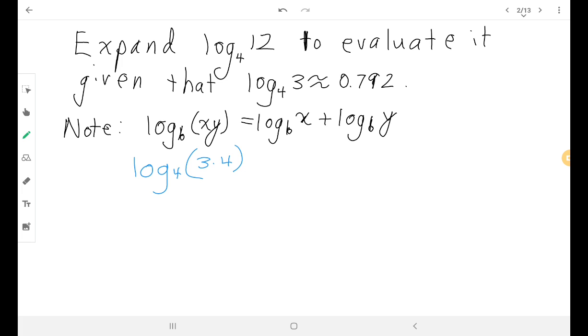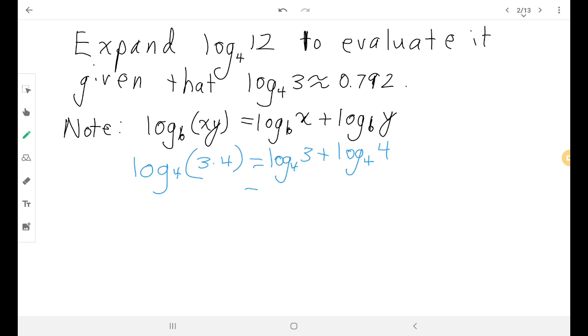And it's going to turn out that this is going to give us everything we need. I'm just going to follow the identity right above it. That means that log base 4 of 3 plus log base 4 of 4 is the same thing as log base 4 of 3 times 4.